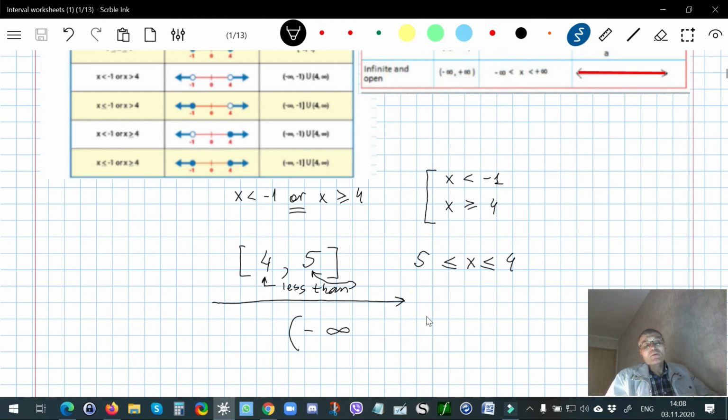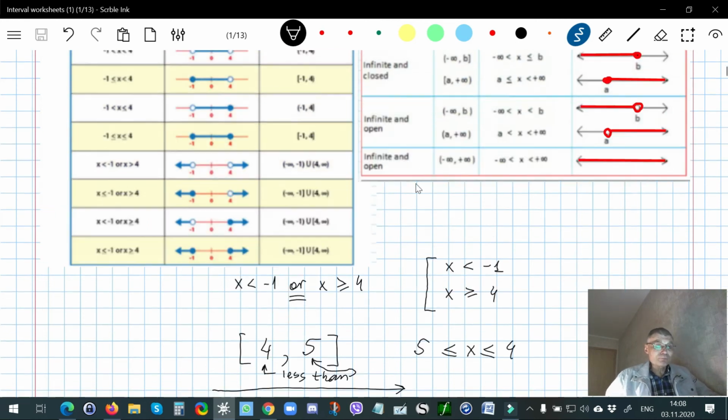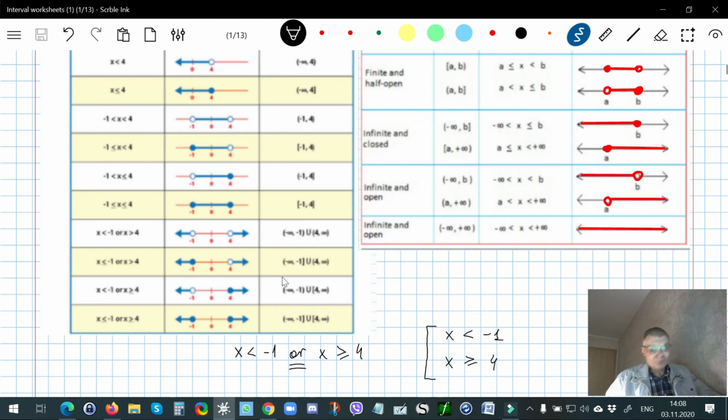Then we have just to be careful. I haven't mentioned another important sign, and this is the last thing. This looks like a big U, but actually it is a sign which means and. It's a logical and. It's unification. Why U?